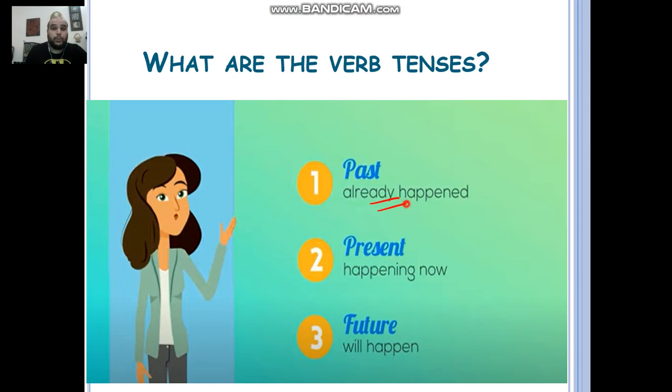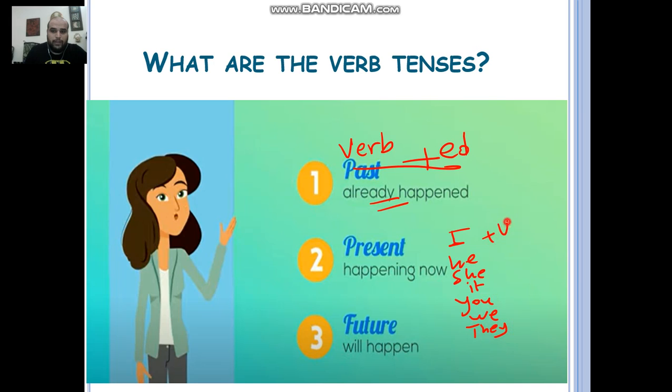The past, which already happened. And please, the sign of the past for grade 4, of course, we are talking about regular verbs: you're going to take the verb and add ed. Verb plus ed. However, the simple present tense, with I, we have seven subjects in English: I, he, she, it, you, we, and they.